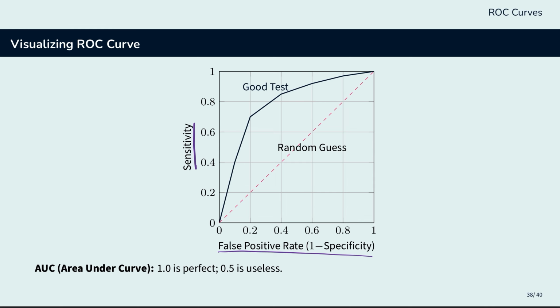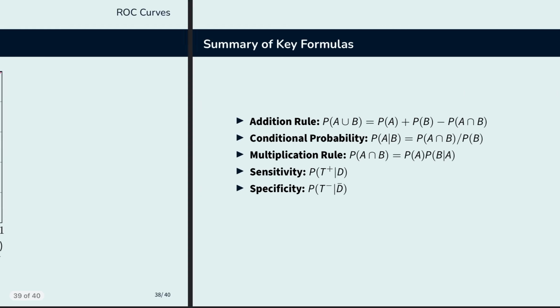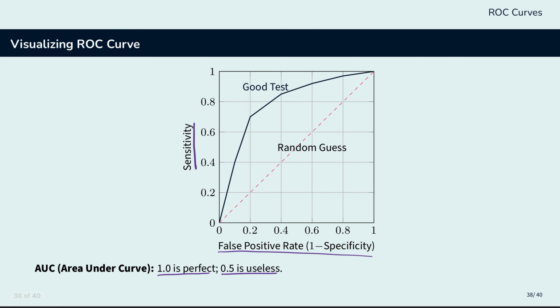A good test must be much higher above the random guess. An area under the curve of 1.0 is perfect, and 0.5 is basically useless. A good test ranges from 0.8 to 0.9, but an average test ranges from 0.6 to 0.7.